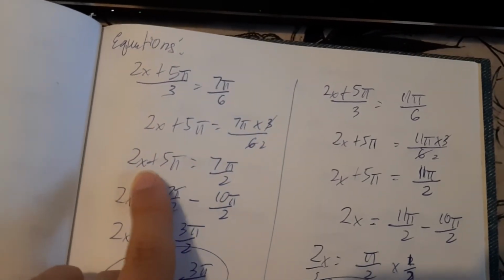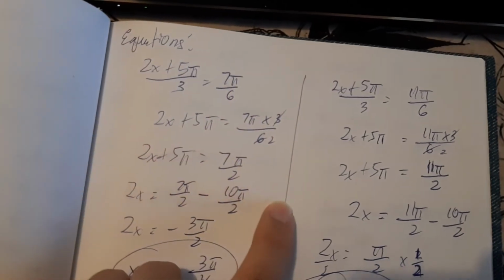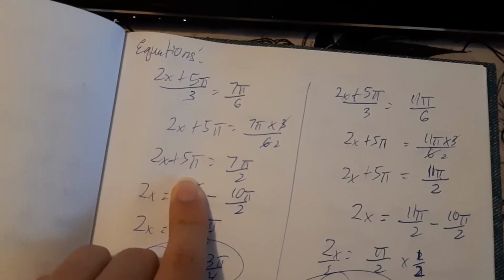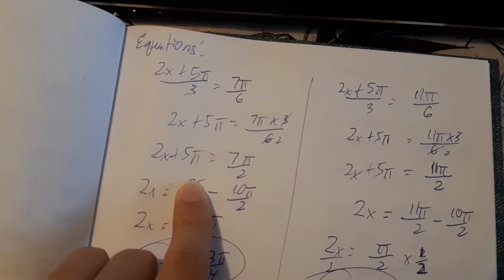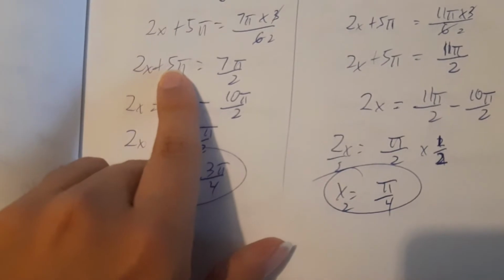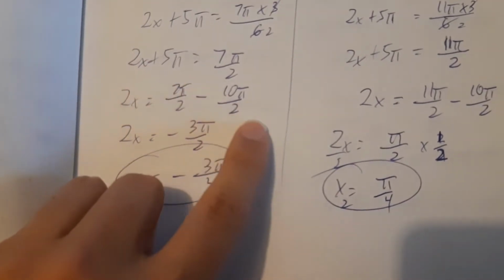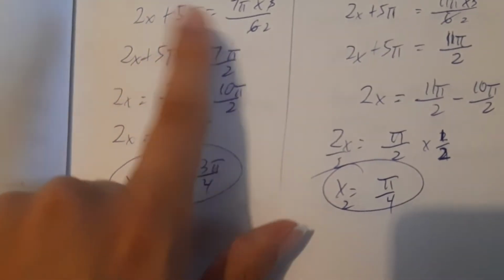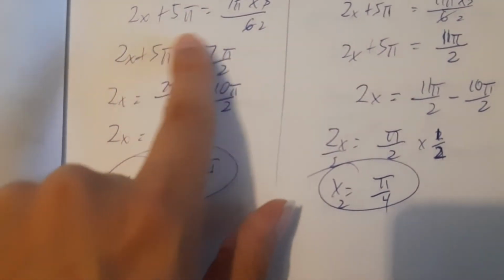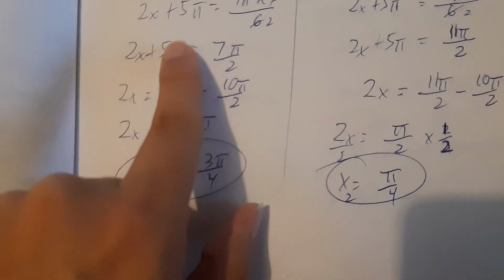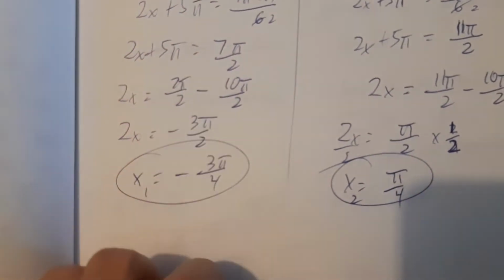We want to have x alone, so we take the 5 pi to the other side of the equation. And because we have to subtract fractions, the denominator has to be the same one. So we multiply 5 times 2, right? So it's divided by 2. 2x must be equal to 7 pi divided by 2 minus, because we move it over to the other side of the equation, 10 pi divided by 2, which is the exact same thing as 5 pi.